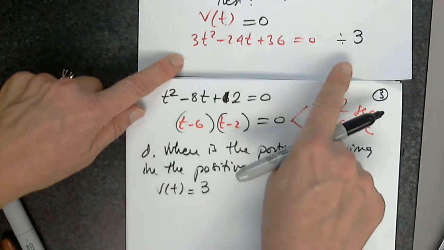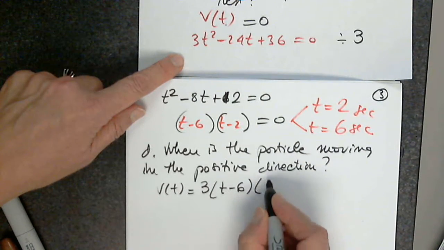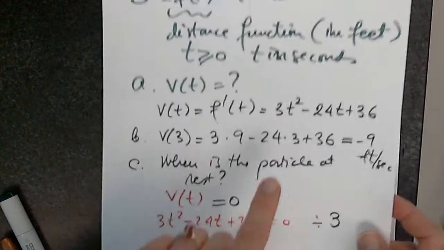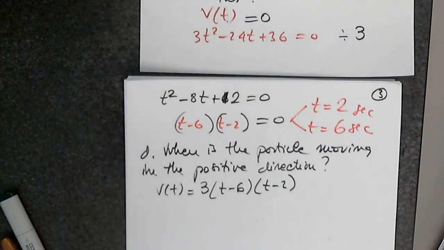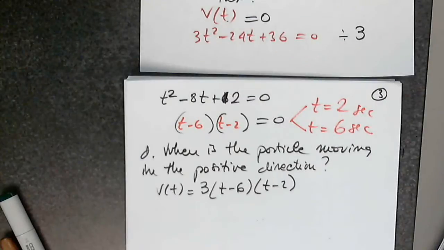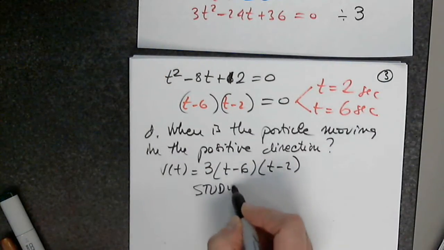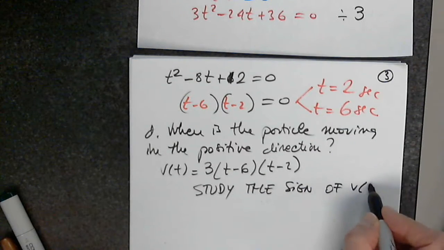Here I divided both sides by 3 because it was an equation. So 3t minus 6, t minus 2. This is the velocity function, correct? It was right here, 3t squared minus 24t plus 36. So 3 comes out, so t minus 6, t minus 2. I'm going to study the sign of v of t.